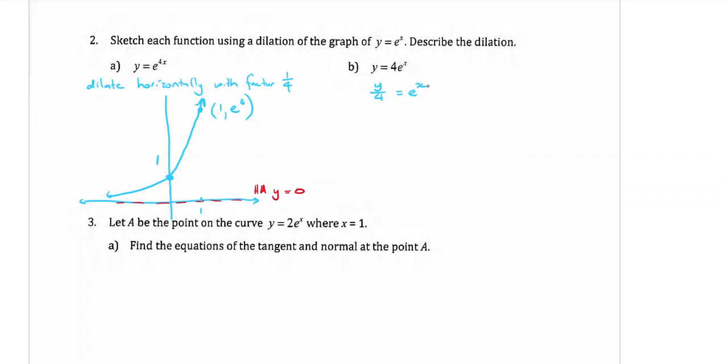Okay, so it's with the y now, and it's in that lovely fraction form, which means I'm dilating by a factor of 4. Okay? Vertically. So I'm going to dilate vertically with factor 4. Okay. Horizontal asymptote will still be the same.